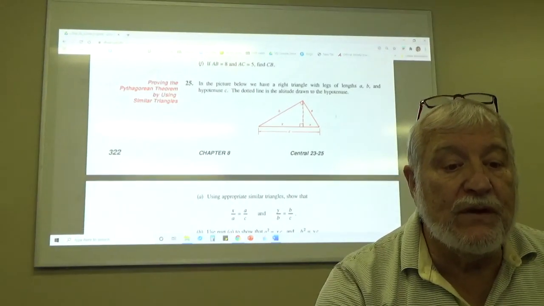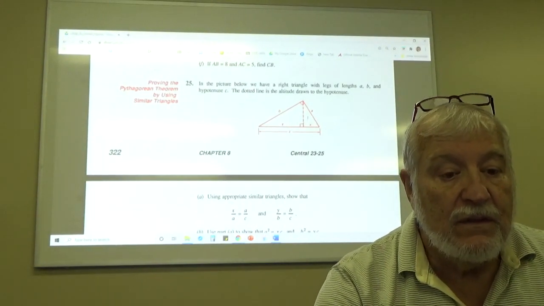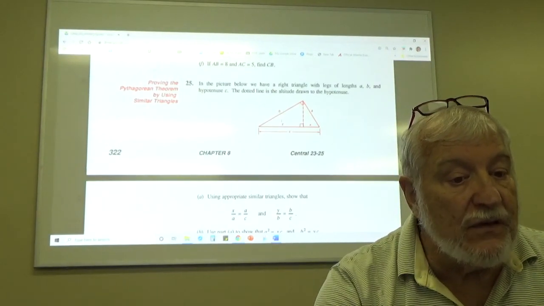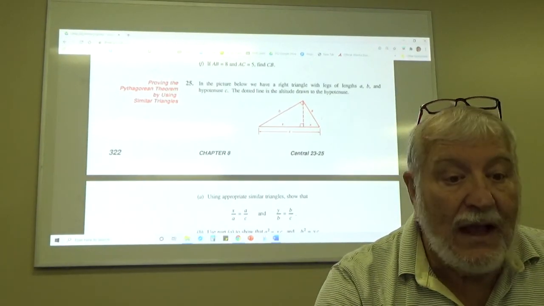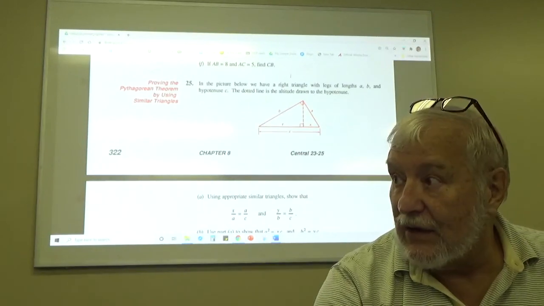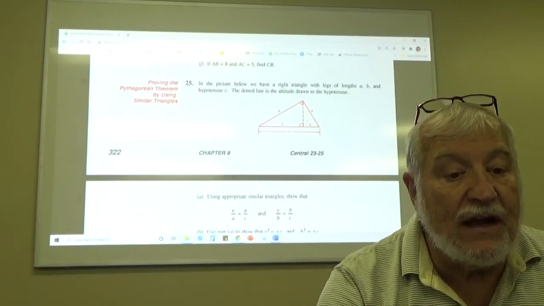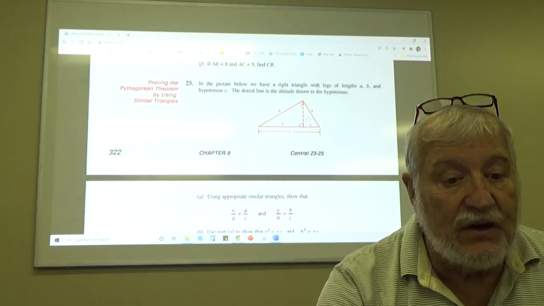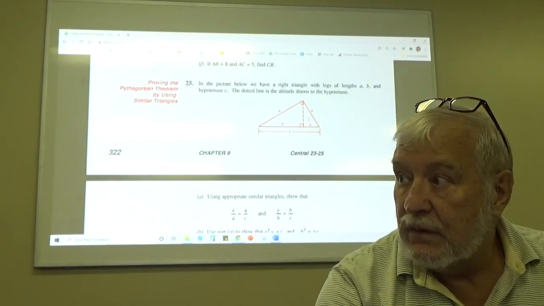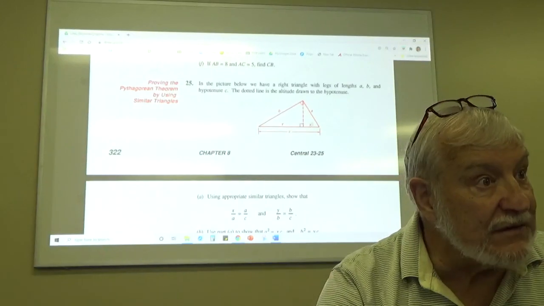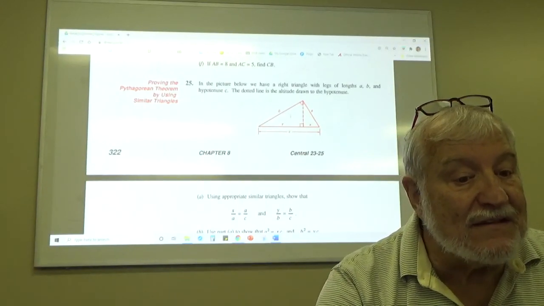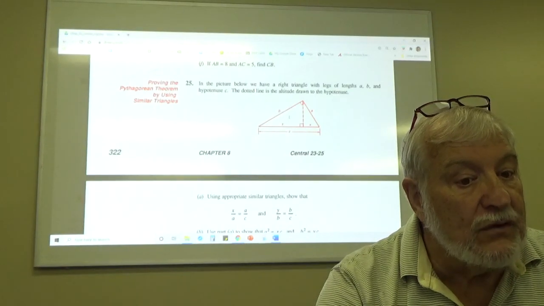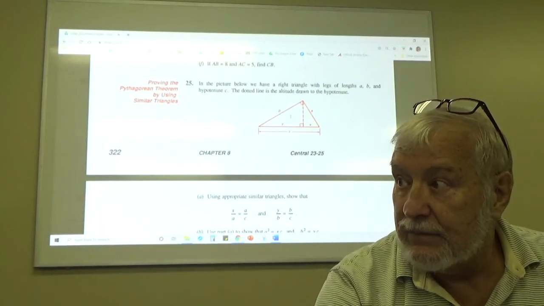So what are the three triangles here? There's this tiny triangle, and there's this other half of the triangle, and then there's the big triangle. Okay, so in the tiny triangle, where is the short leg in this tiny triangle? The short leg is x, right? Okay, in this triangle, the short leg is the dotted line.